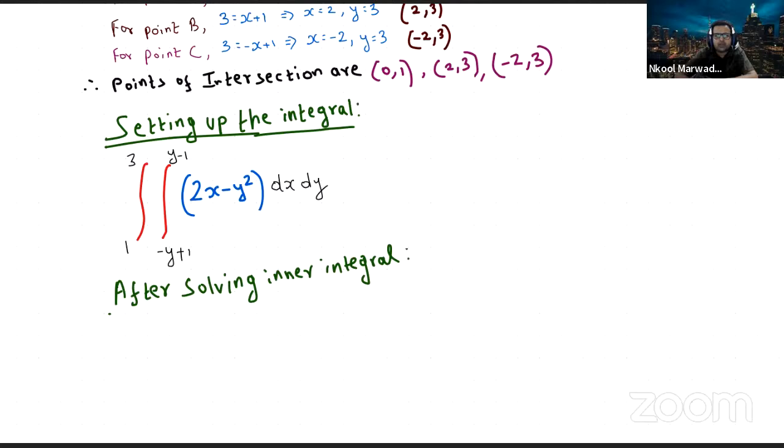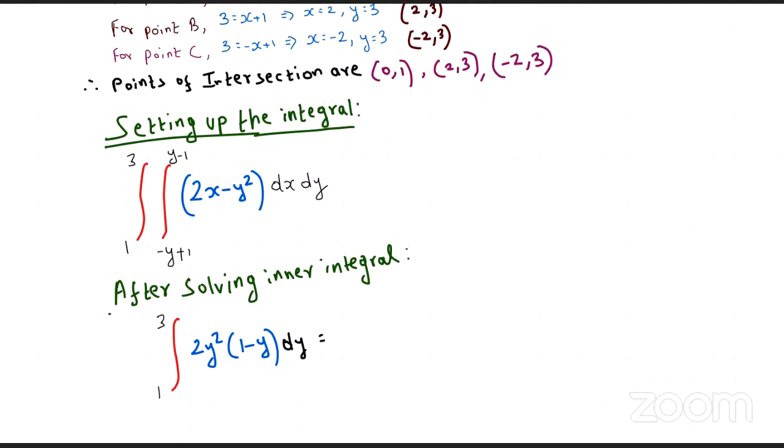After solving the inner integral, you will get something like the integration from 1 to 3 of 2y square, 1 minus y, dy. It is easy to solve, I guess.